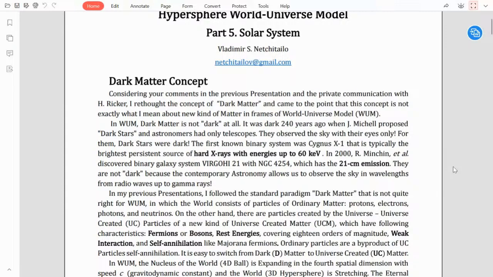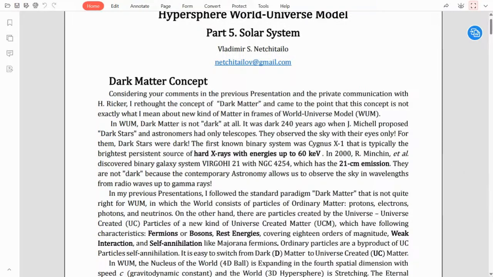In my previous presentations, I followed the standard dark matter paradigm, which is not quite right for the World Universe model, in which the world consists of particles of ordinary matter: protons, electrons, photons, and neutrinos.